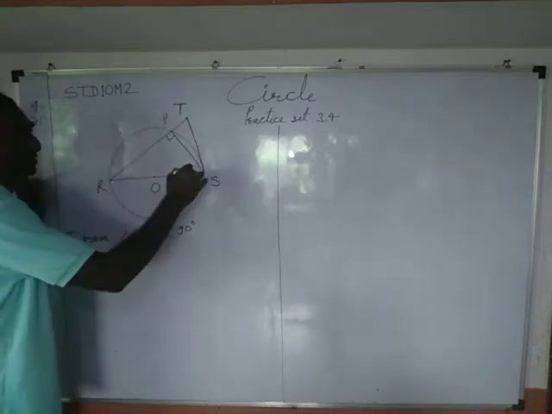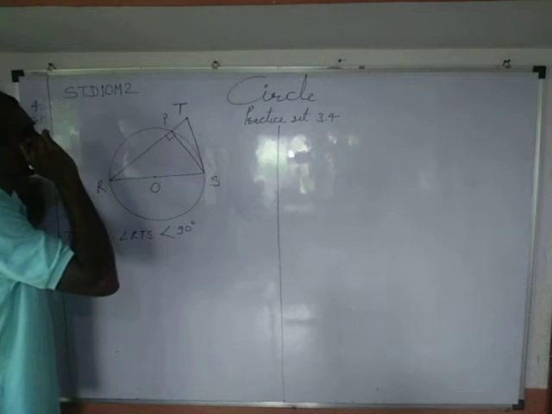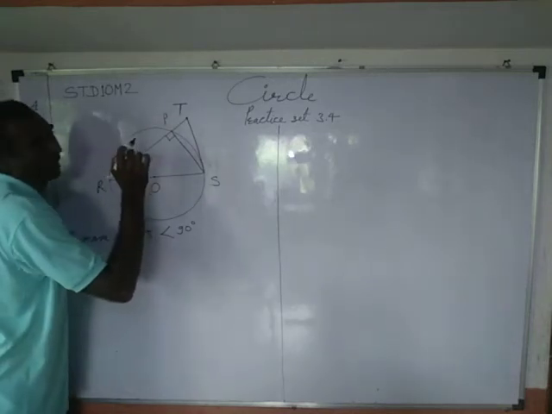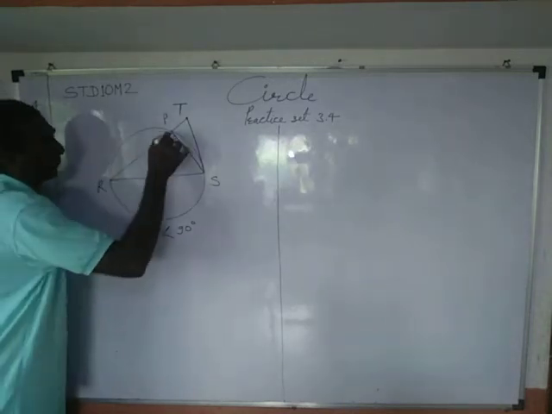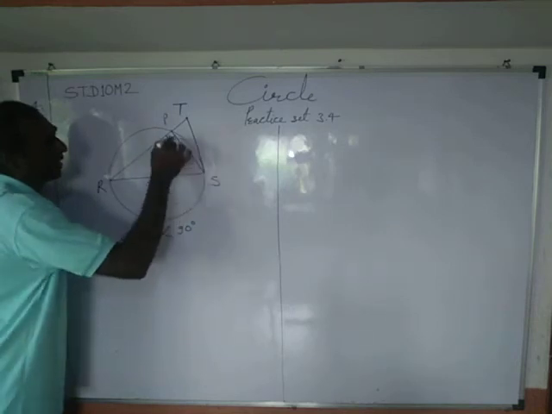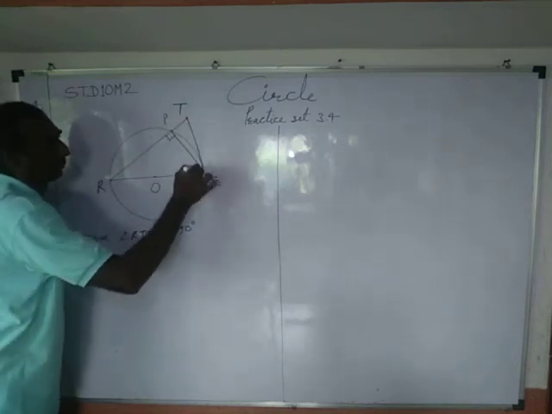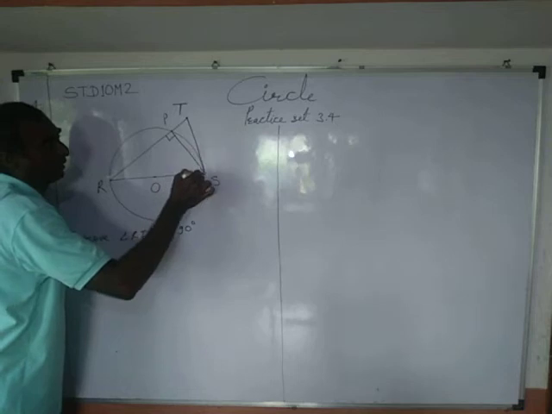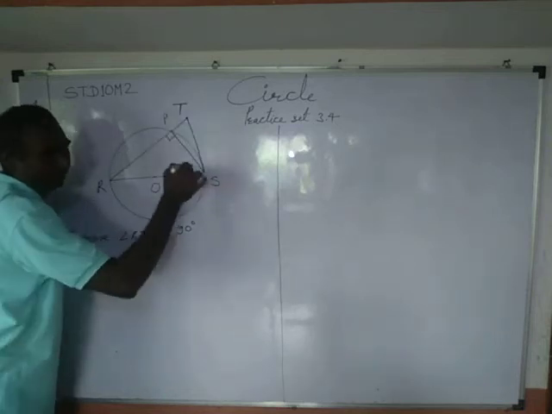Angle RPS and angle RTS are interrelated angles. How? Angle RPS is the exterior angle of triangle STP.